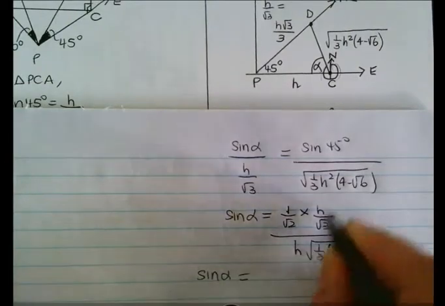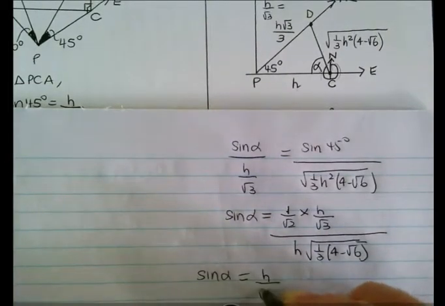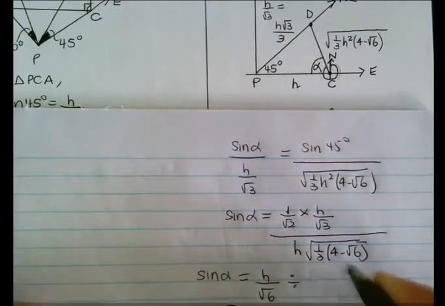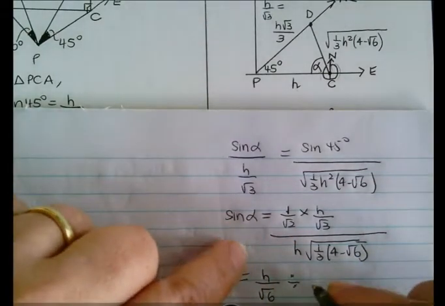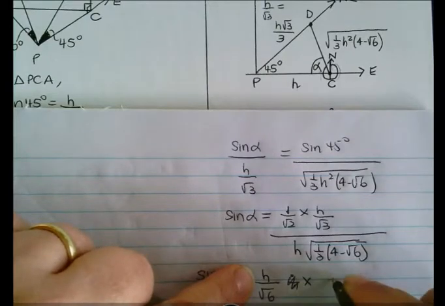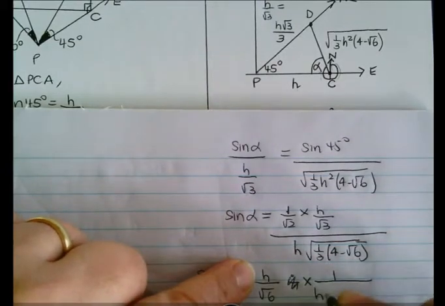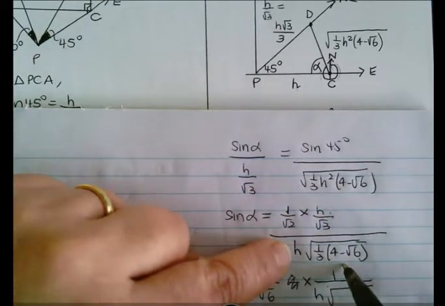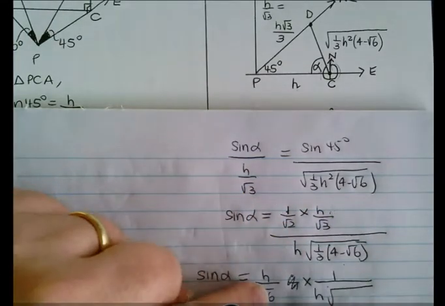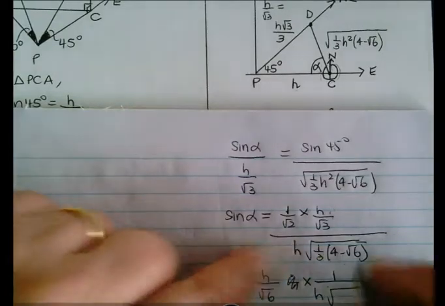So sine of alpha really is, let's look at the numerator, H over root 6. And then we're dividing it by this thing. You okay with that? Which really means times 1 over that. If I'm doing that divided by this, it's that times 1 over this.